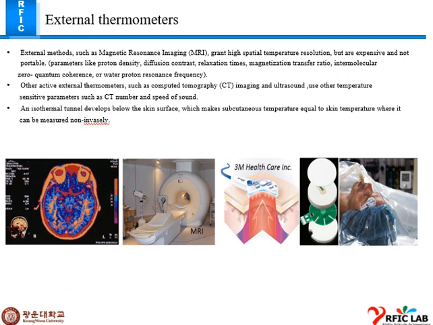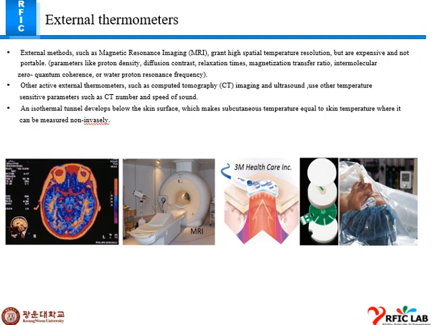As you can see, external thermometers are such as, first of all, MRI, which gives high spatial temperature resolution, but it is expensive and not portable. Parameters include proton density, diffusion contrast, relaxation time, magnetic transfer ratio, intermolecular zero quantum coherence, or water proton resonance frequency.